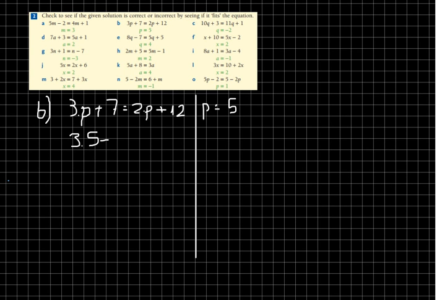plus 7 must be equal to 2 times 5 plus 12. And let's see if that's true or not. Alright, here we have 3 times 5, it's 15, plus 7. And that must be equal to 2 times 5 is 10, plus 12.